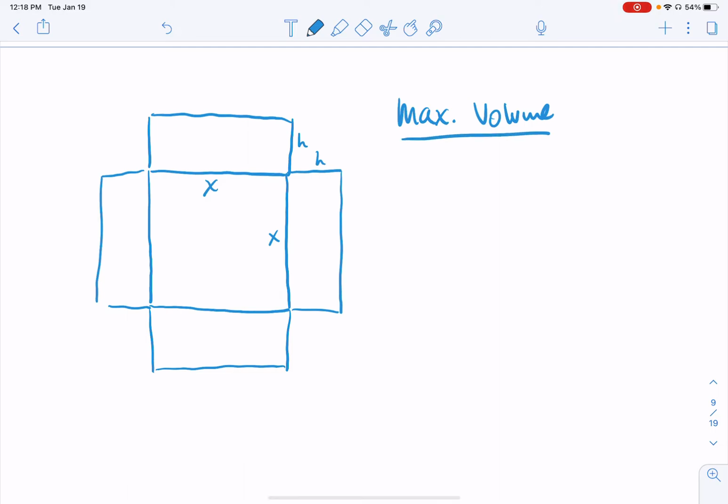So speaking of maximum volume, doesn't it make sense that I need a volume equation, which is called our primary equation? That's the next step in this process here, finding a primary equation for the quantity to be maximized. So primary equation, it's volume. It is a box. Volume of a box should be length times width times height.